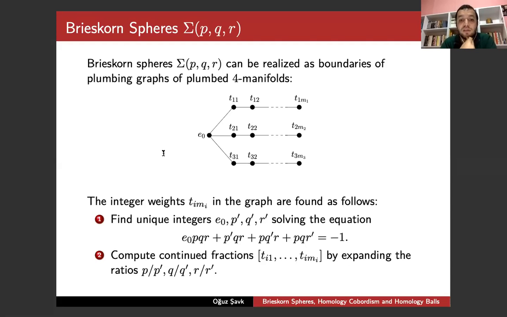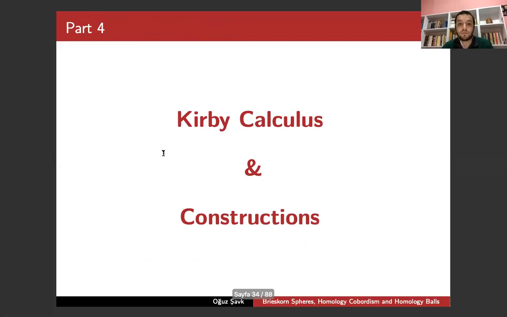To find the integer weights in the graph explicitly, we compute continued fractions, and it is also not a hard job. In the language of algebraic geometry, these plumbing graphs correspond to minimal resolution graphs of Brieskorn singularities. That's cool.